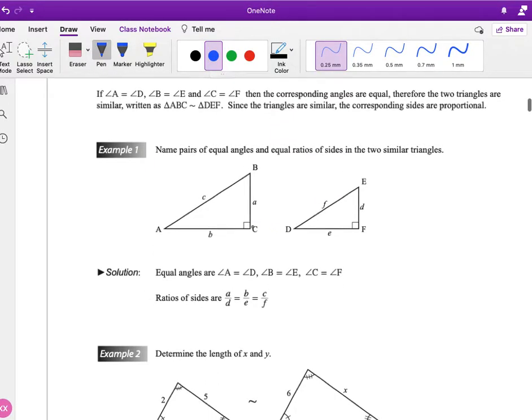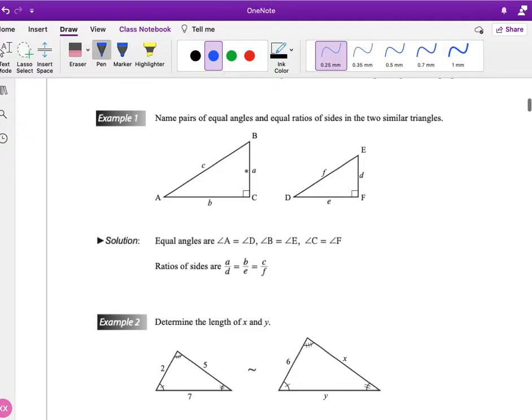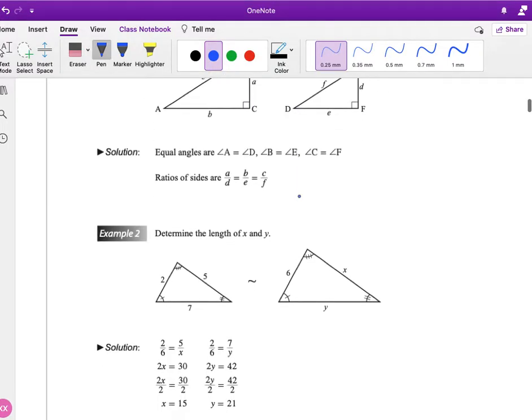Of course angle C equals angle F, angle A equals angle D, and angle B is equal to angle E. Now the ratio is side A versus side D equals side B over side E and C over F.